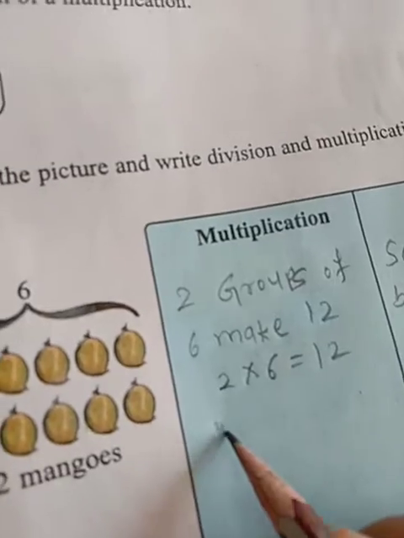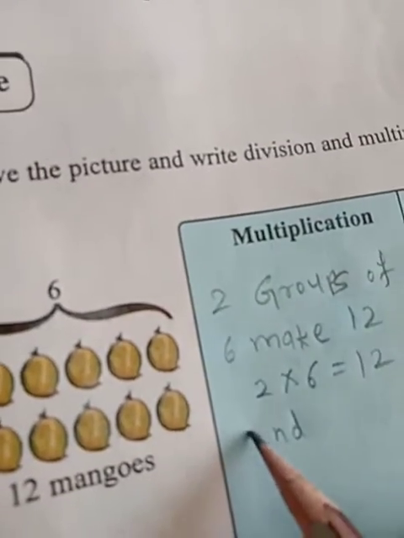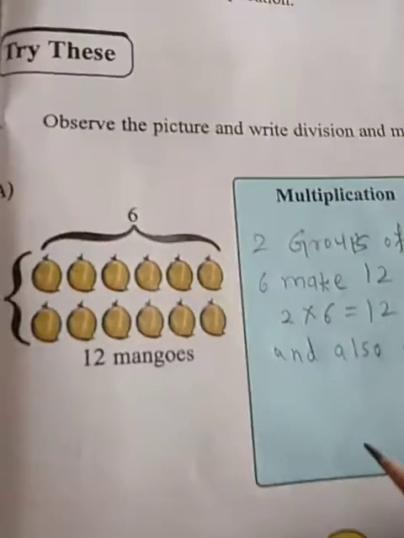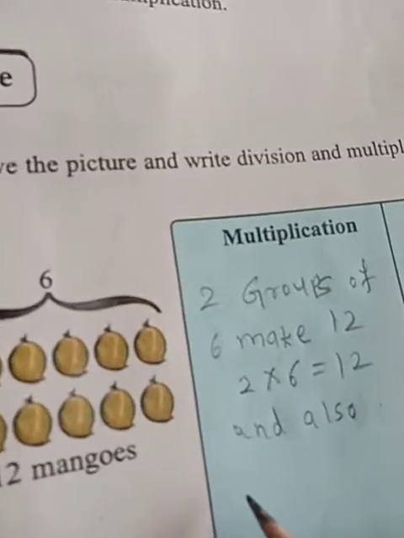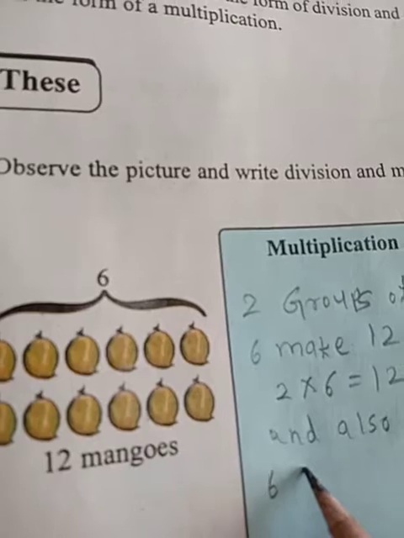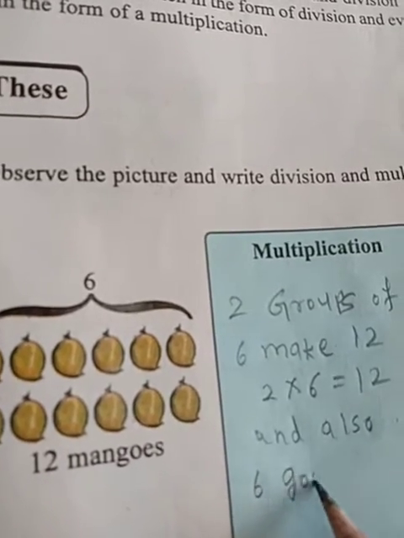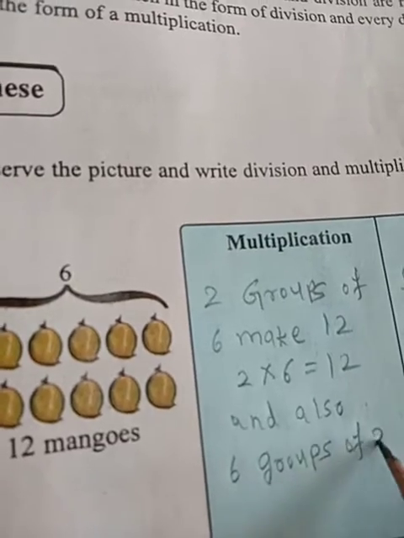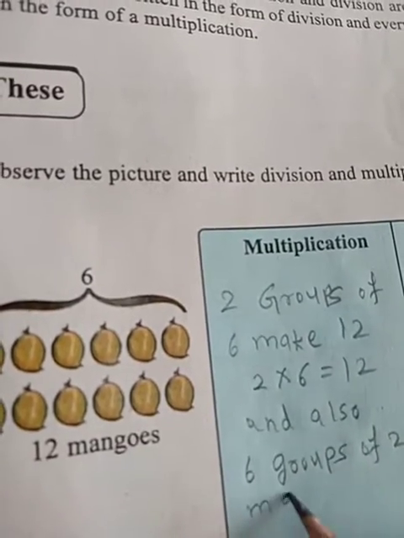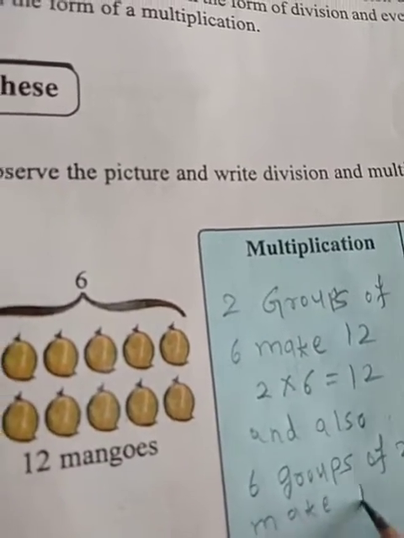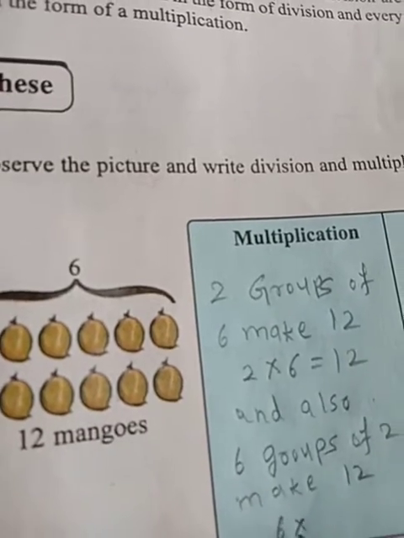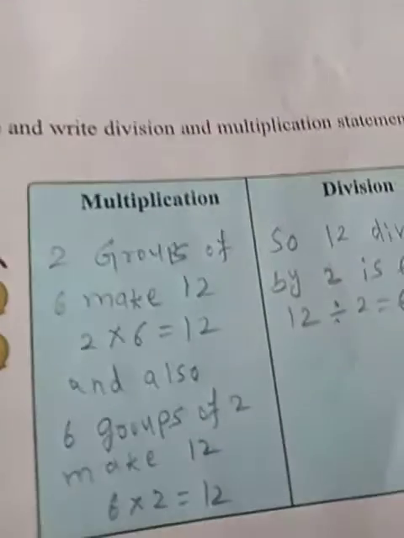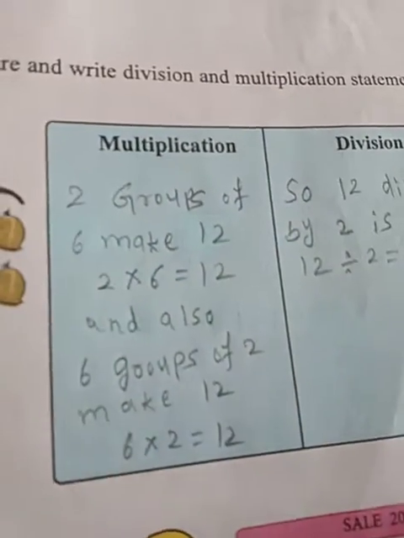And also, see here, next one. 6 groups of 2 make 12. 6 2s are 12. Understand? 6 2s are 12.